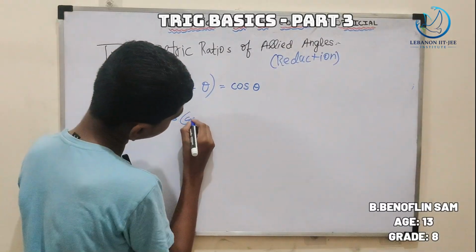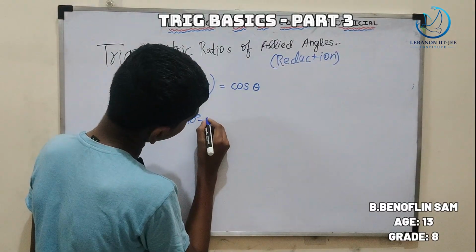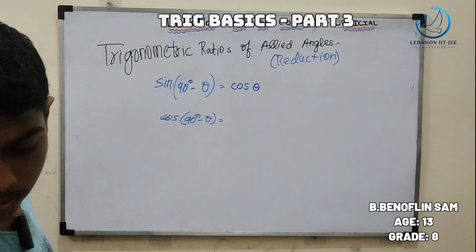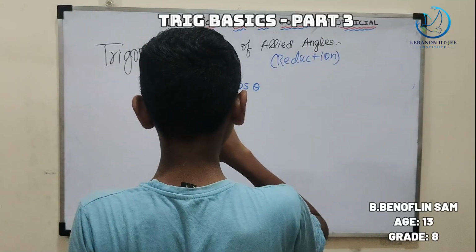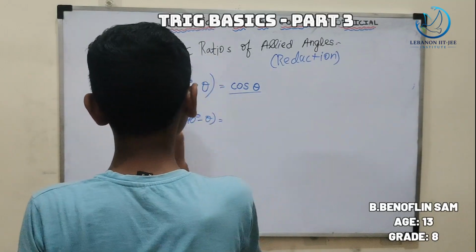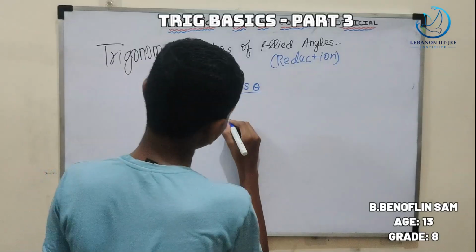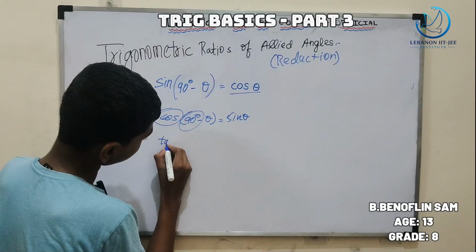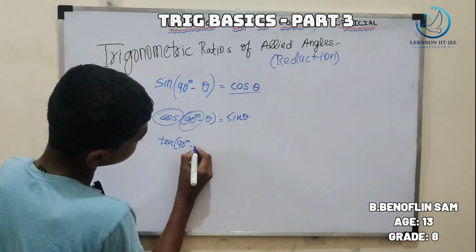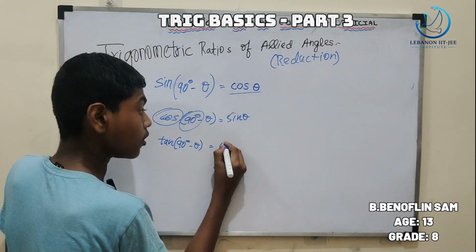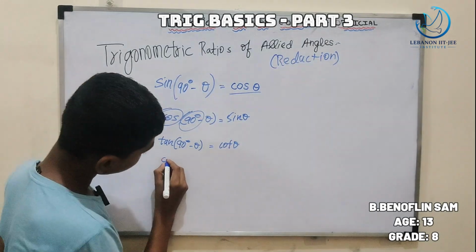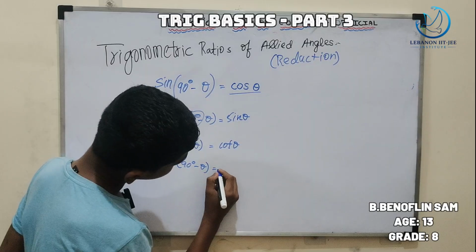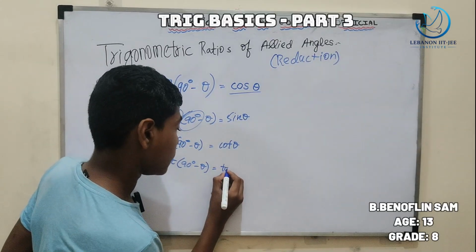So cos of 90 degree minus theta is equal to how much? For cos it means it will change, right? So we have sin theta. Then tan 90 degree minus theta is equal to cot theta. Cot 90 degree minus theta is equal to tan theta.